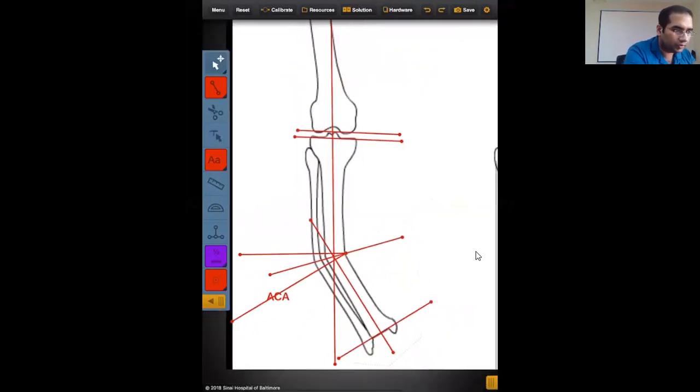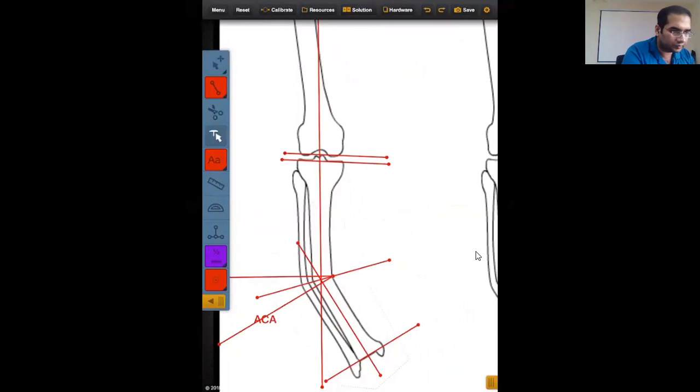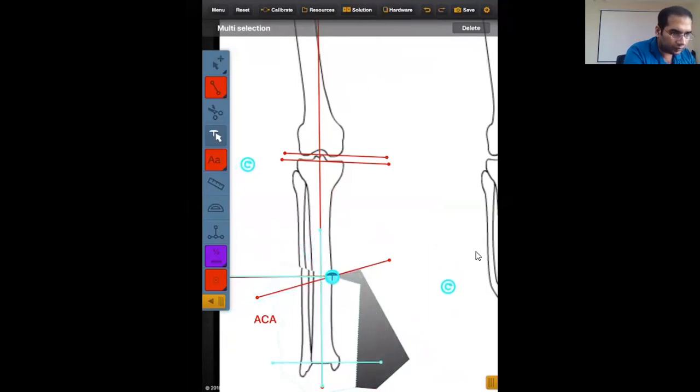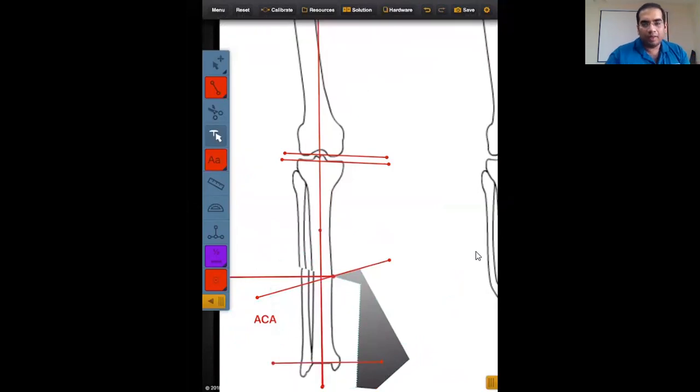I need to zoom out. There you go. When these two lines have joined, they have corrected the deformity.